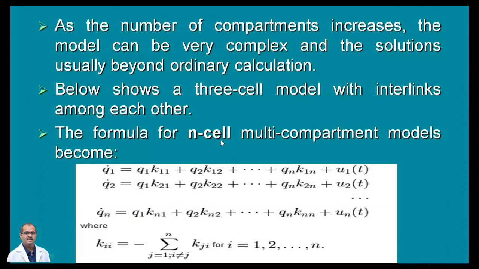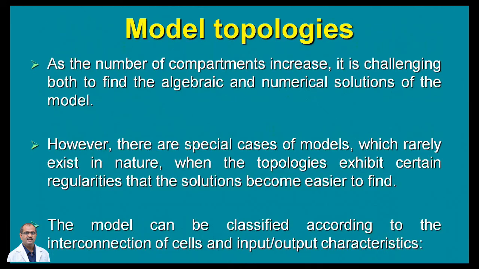The formula for N cells means N, here you can put any number depending upon your statistical calculation. And here is the example for the multi-compartment model: single compartment, 2-compartment, 3-compartment and multi-compartment, and physiological models.